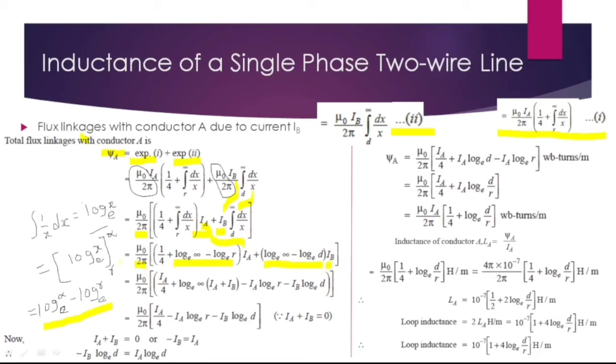I am rearranging these expressions. This nu naught by 2 pi is the same.